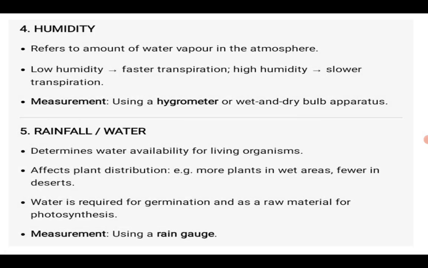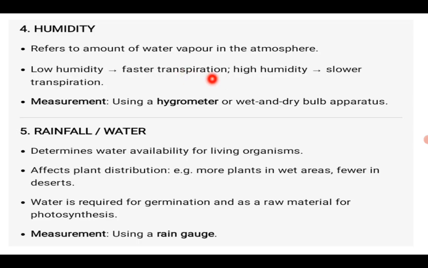Another abiotic factor, remember that we are still discussing abiotic factors, is humidity. Humidity is basically the amount of water vapor in the atmosphere. When humidity is low, meaning that there's less water in the atmosphere, the rate of transpiration increases.